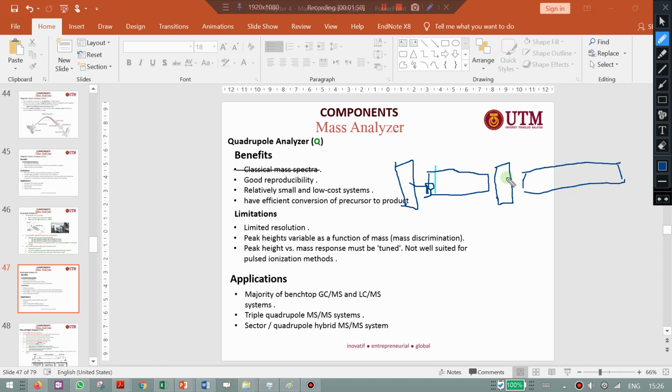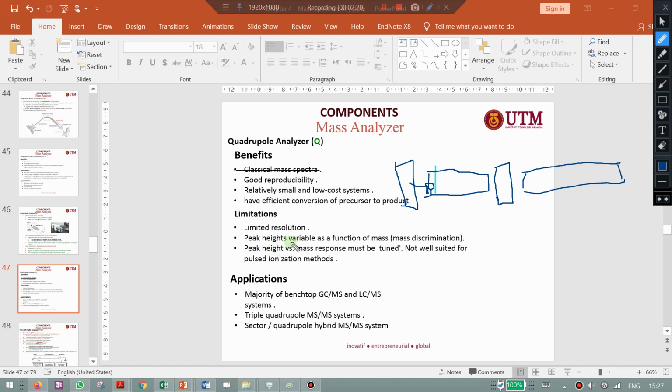We choose the precursor ion based on the highest abundance. Kita jarang guna yang kecil lah, sebab bila yang kecil you try to fragmentize, you only get a very small amount. That's why we need the highest abundance, or we call it the base peak, for further fragmentation. So dia akan fragmentize at a new ionization chamber, dan dia akan reach the next mass analyzer.